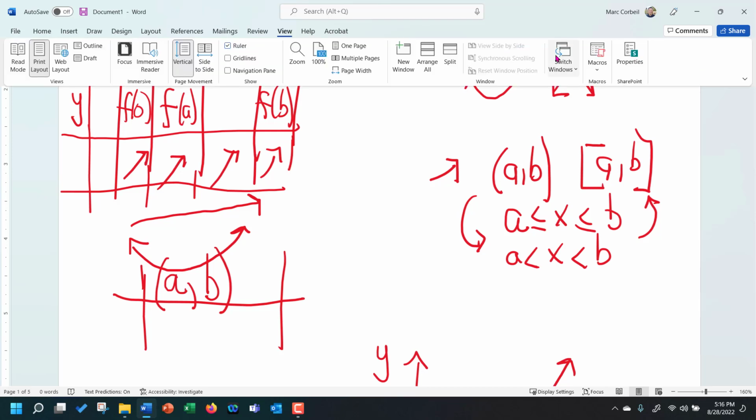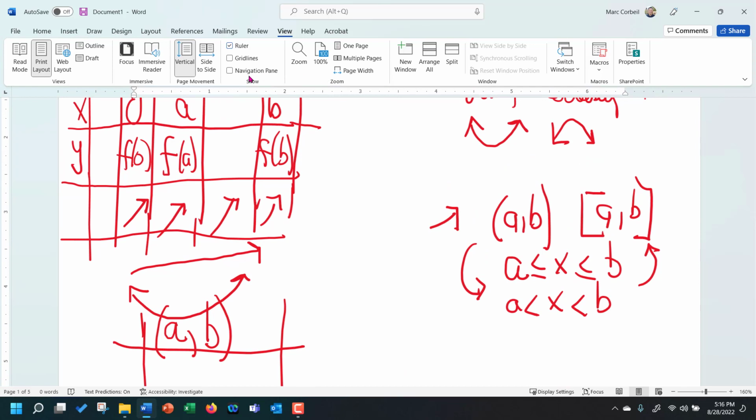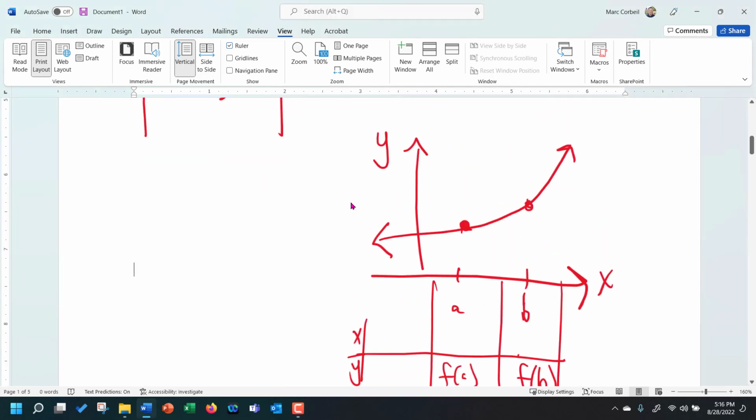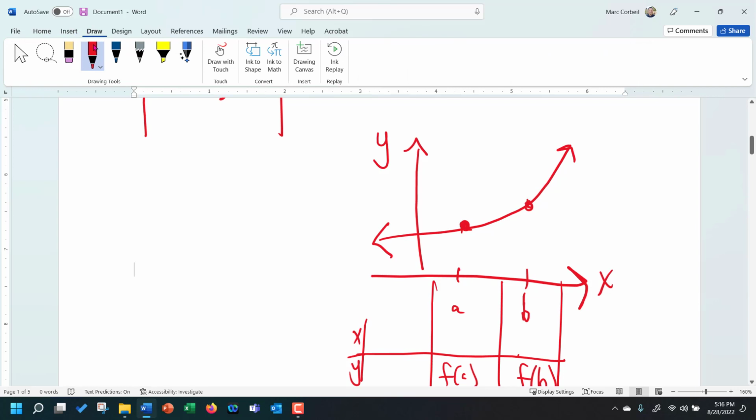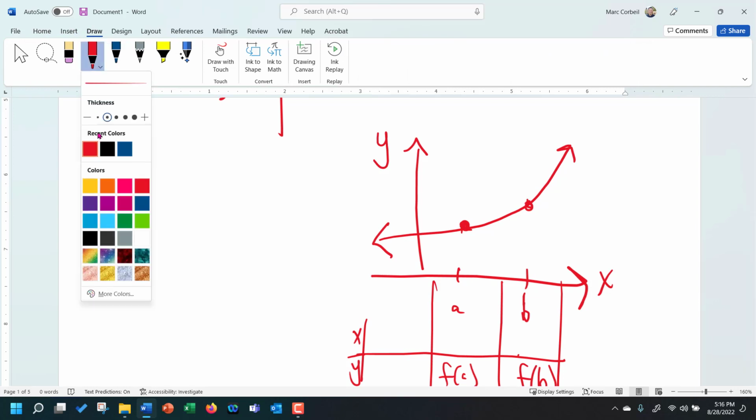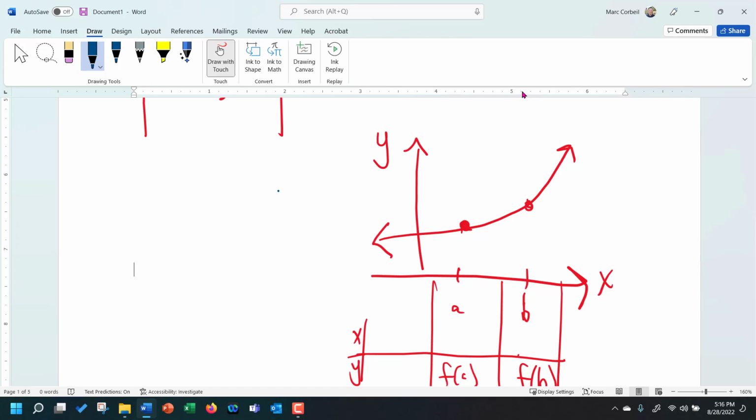There we go. We've got our ribbon here, and here's our graph. I'm going to look at my insert, my drawing. I want to change my pen color to this blue color. So now I'm going to draw the line going through these 2 points.